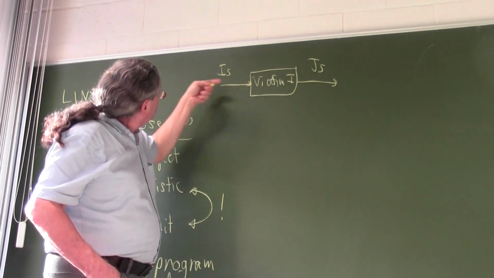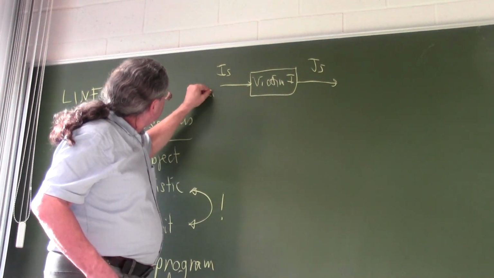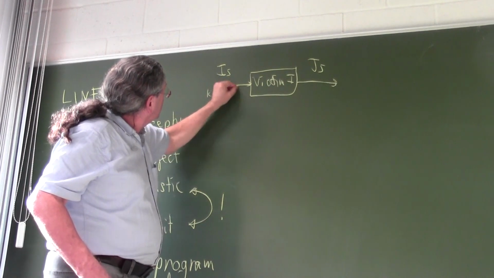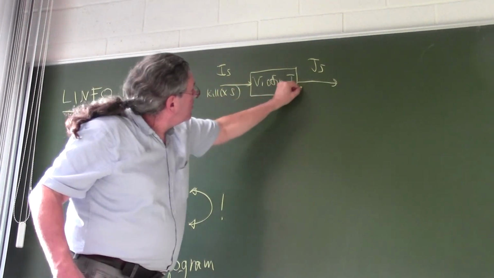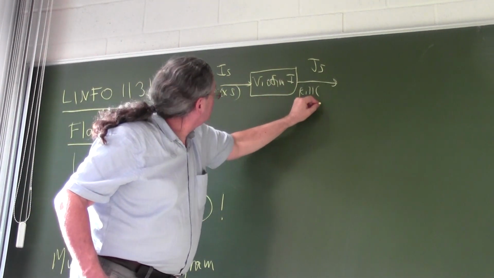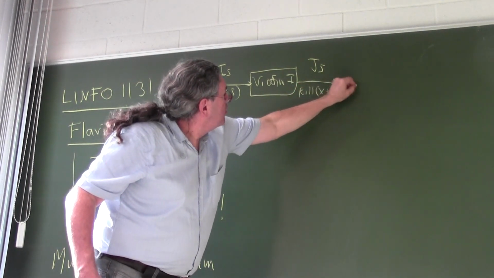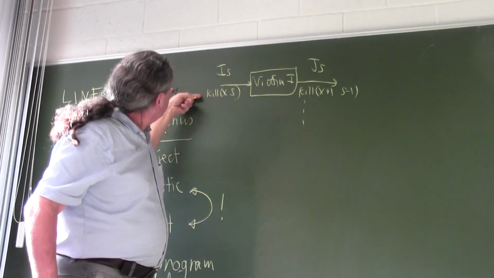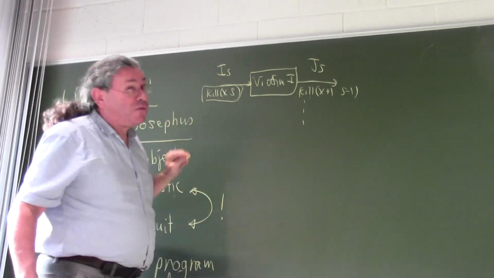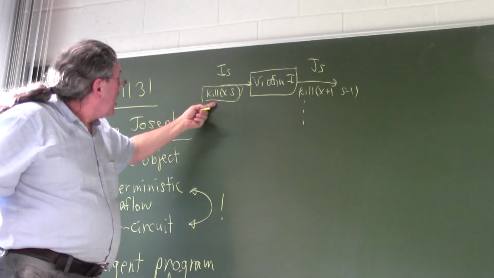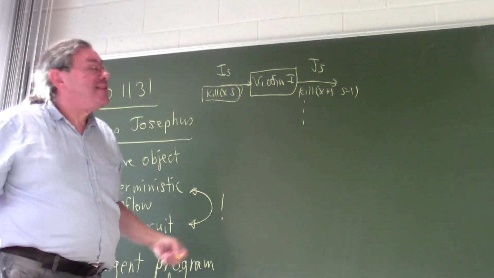And the messages appear here. So there's a kill message, for example, XS appears here, and then the output one can be something like this, or whatever. So the victim receives these kill messages in a stream and has a case statement, okay?